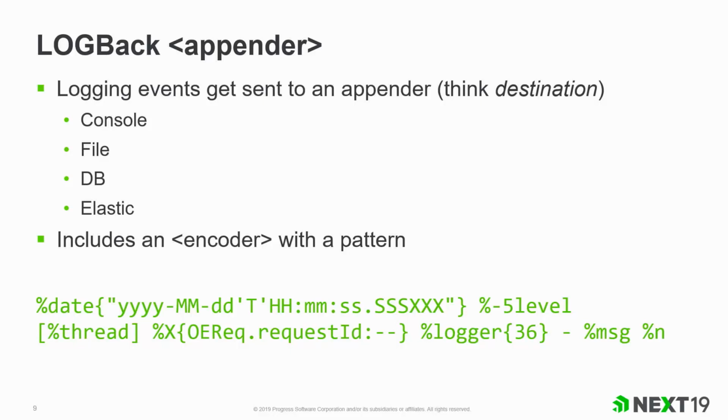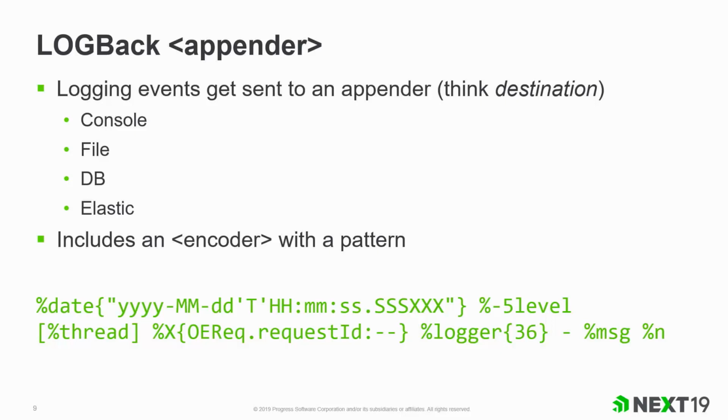That could be the console, a file, a database, or one of the logging consolidators like Elastic, right? So again, if you look in the configuration files, when you see appender, immediately think that's the destination. That's where it's going to, right?